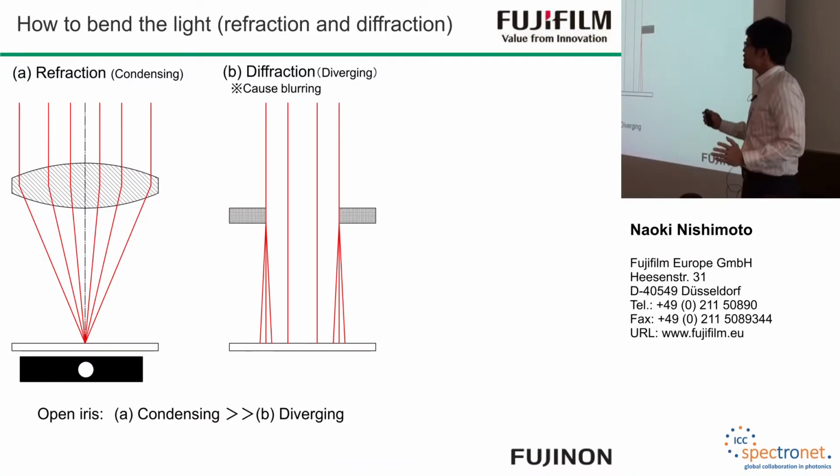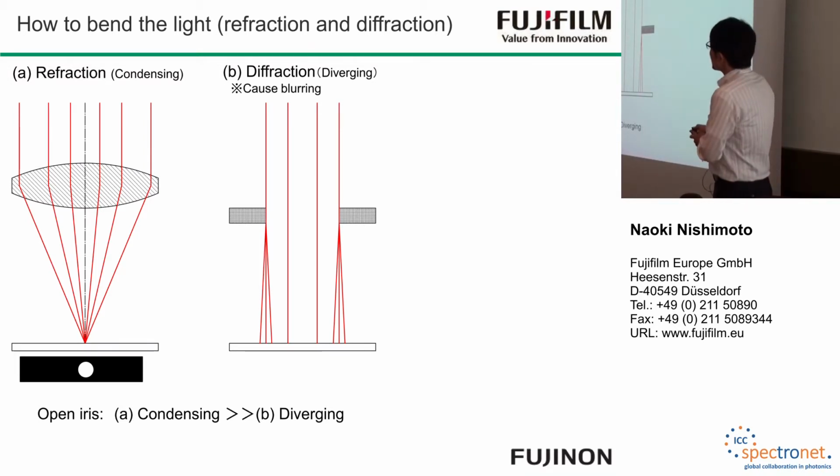It shows two different ways to bend light. The first one is refraction. Light comes from here and passes through a lens, then it's bent and after that condensed.